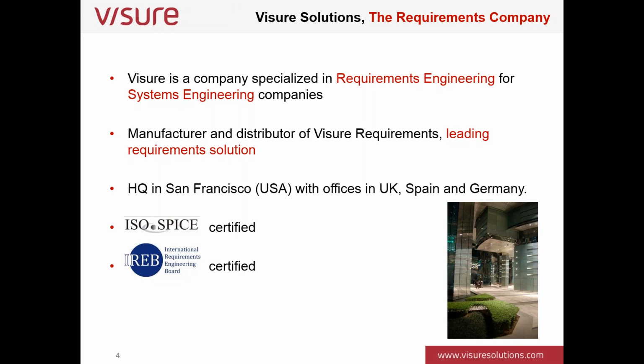At the end, requirements are everywhere. They are there when you are building software, but they are there also when you are building a system. You are building an airplane, chips, mobile phones, whatever. Requirements are there. So we focus on requirements for the software world and for the system world.